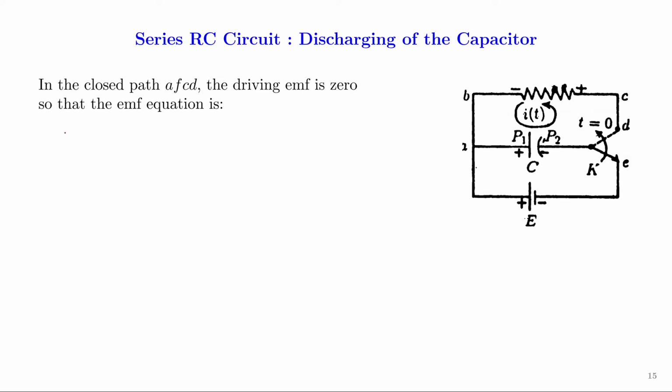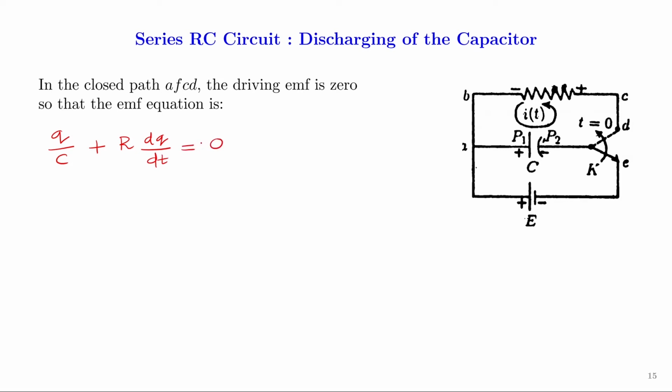In the closed path ABCD, the driving EMF is 0, so that the EMF equation is q over C plus R times dq over dt is equal to 0.